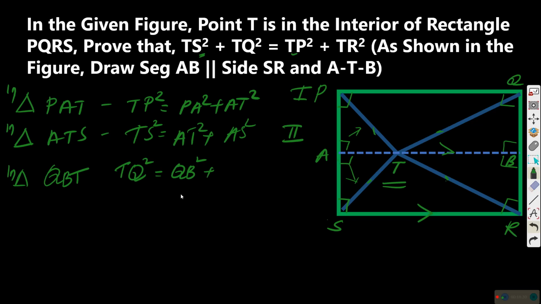We are making equations according to the requirement. TQ square is equal to QB square plus BT square. And one more triangle is there, BRT, where you are having TR square.